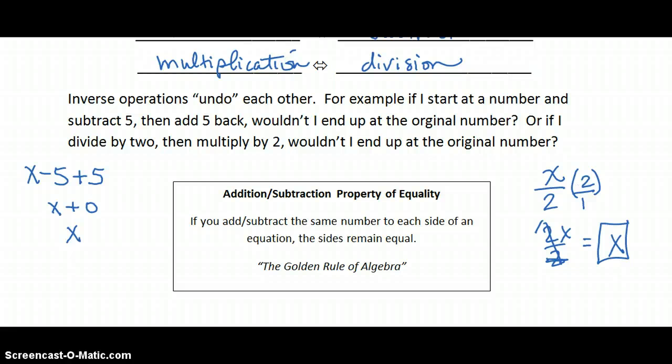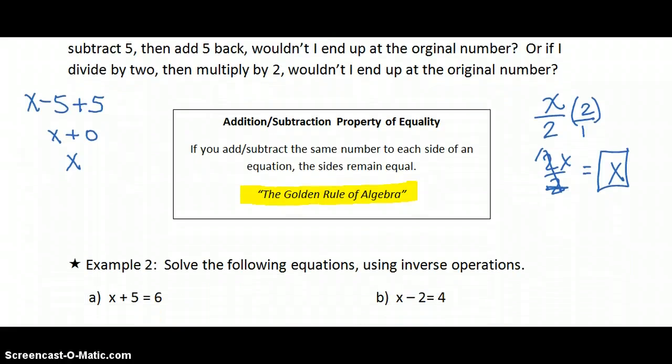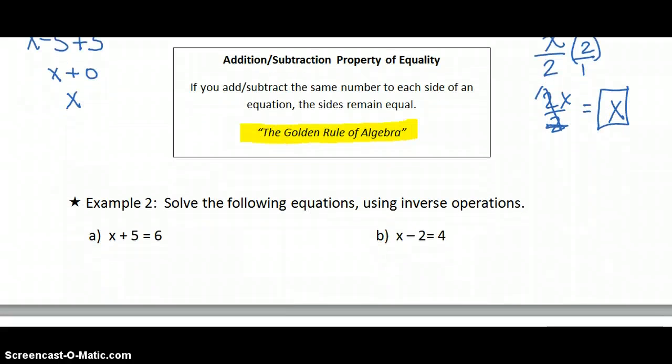Alright? This is called the golden rule of algebra. You might even want to highlight the whole box. The idea is whatever you do to one side of an equation, you must do to the other. Otherwise, the two sides will not remain equal. We want to keep the two sides equal. It's kind of like a teeter-totter.